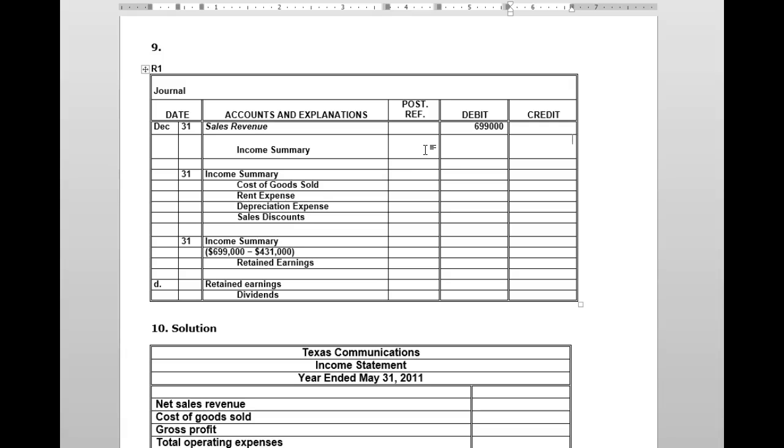Now, let's look at expenses. If you look at the list they've given you, you're going to pull out your temporary accounts, which would be your cost of goods sold, your rent expense, your depreciation expense, and here's a new one. Sales discounts. That's not really an expense per se. I mean, it doesn't have expense on the end, but it subtracts from sales.